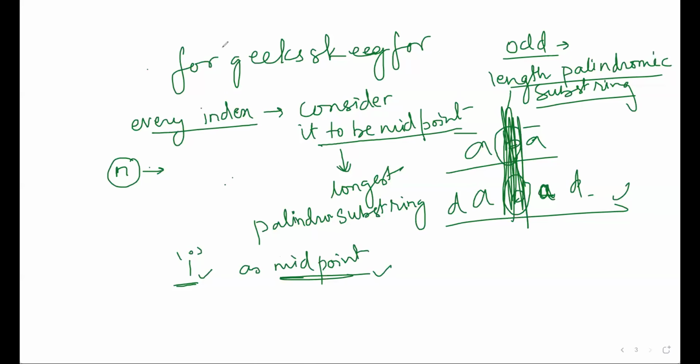Obviously, if I have a certain odd length substring, then I can eventually find it because one of the indexes will be the midpoint.